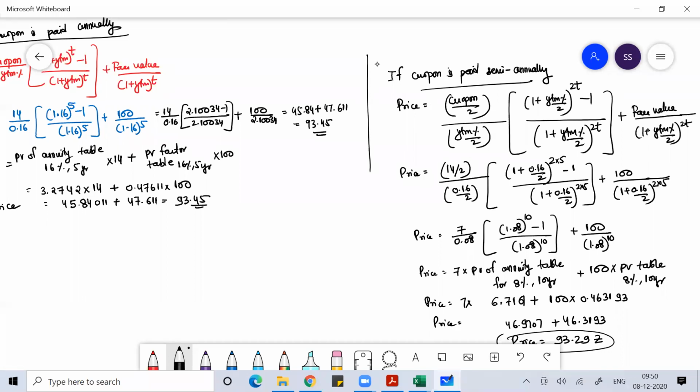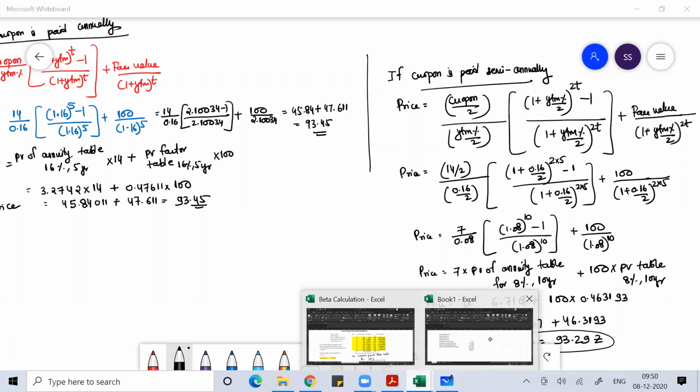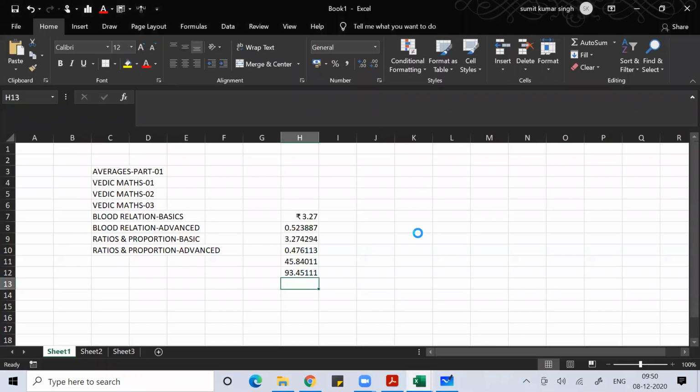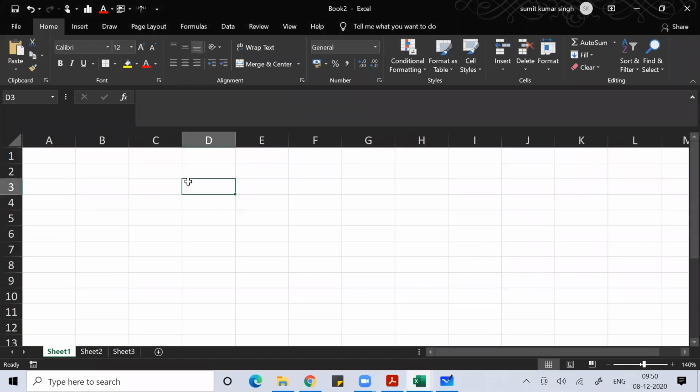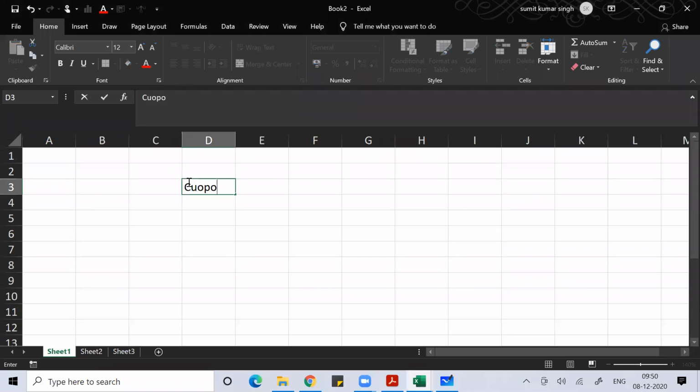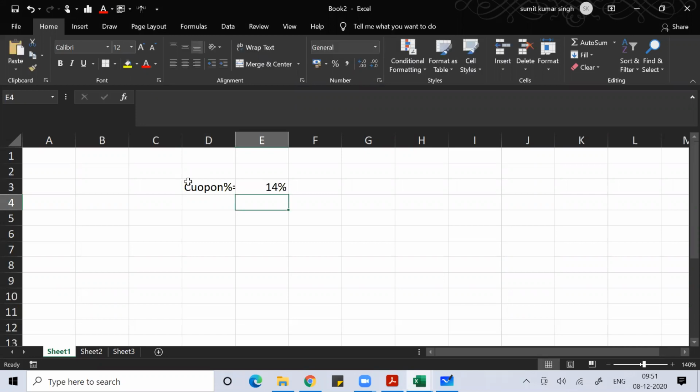So you can do this formula. Other way you can understand here that your coupon percentage was how much? 14%. 14% was your coupon percentage.